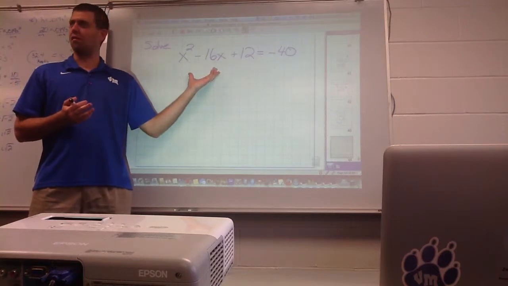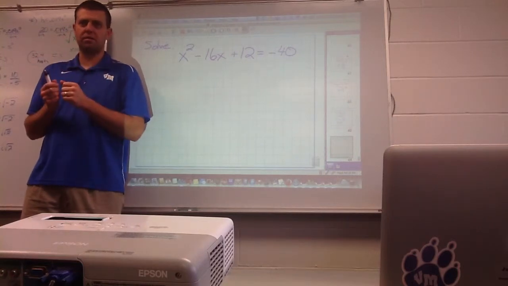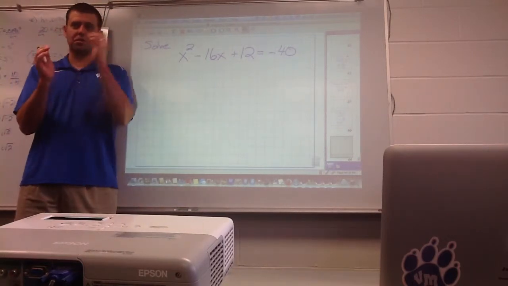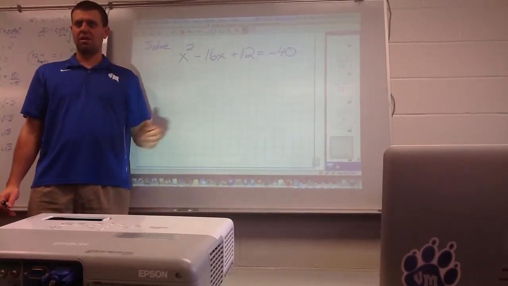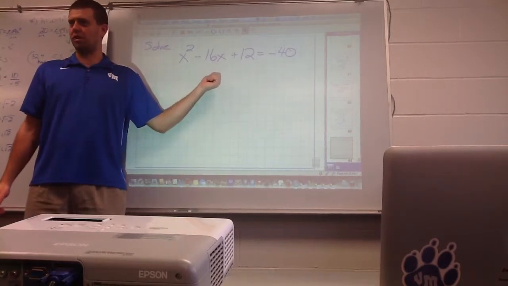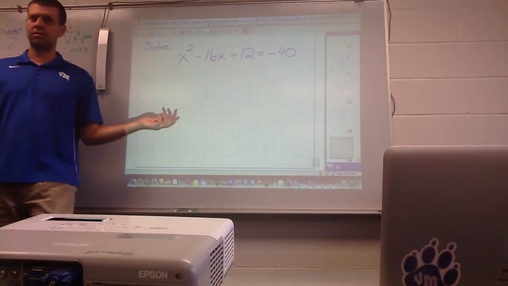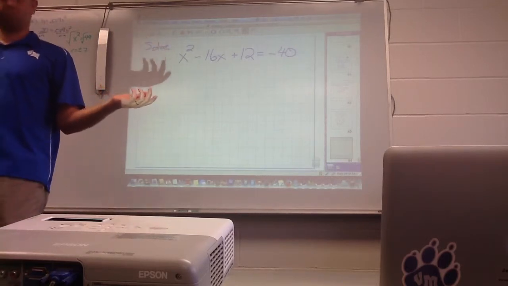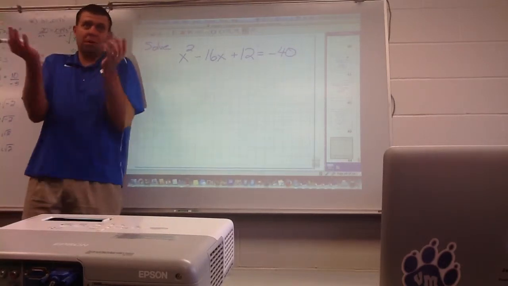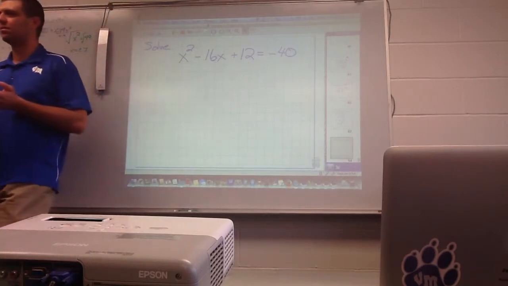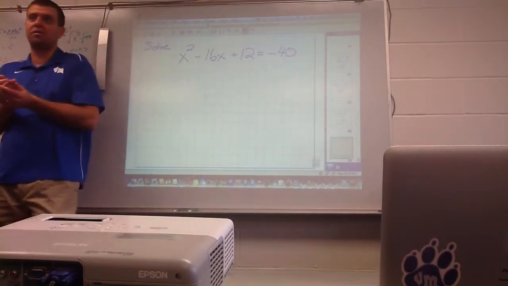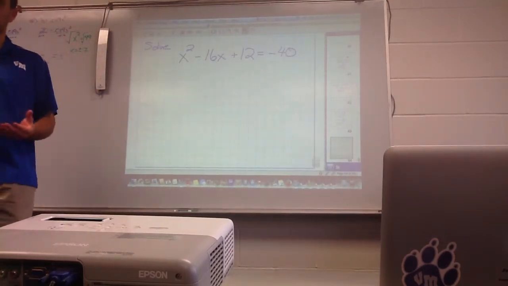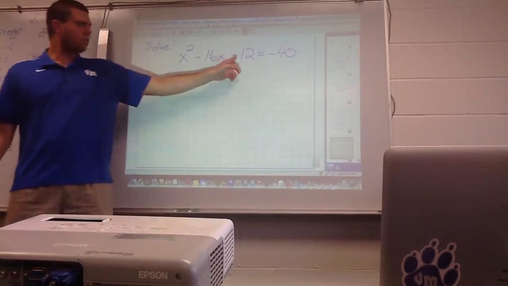Right now, could you solve this by square roots? Do you have a quantity squared? Right now, you don't have a quantity squared. You got an x squared, but unfortunately you also got this 16x. So you couldn't solve this using square roots right now. Is this factorable? Nope, not factorable. So both methods I've taught you do not work in this particular instance. So that's why we need those other methods to solve any sort of quadratic equation. Completing the square is the method we're working on today.